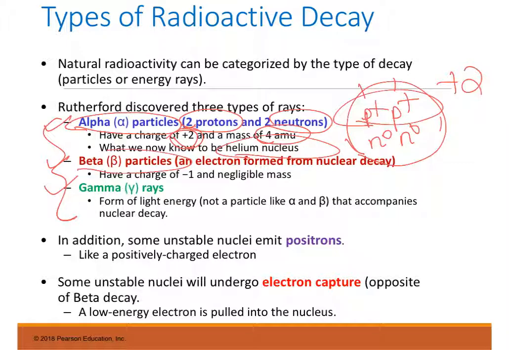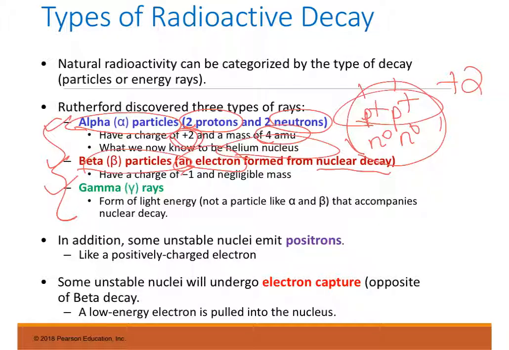Okay, beta decay is weird, okay? A beta particle is literally an electron, but it is not an electron from outside the nucleus. It's an electron that is formed in the nucleus. And you're like, what? We'll go over that in a little bit more detail, but it turns out that they come from a neutron decaying.